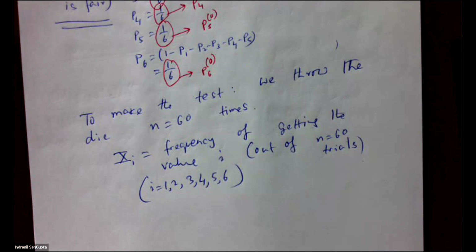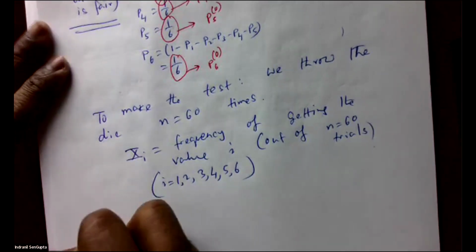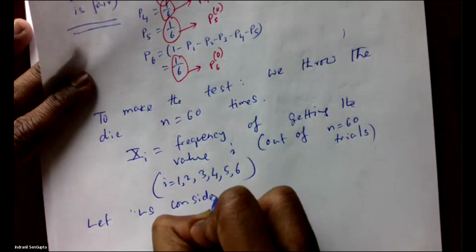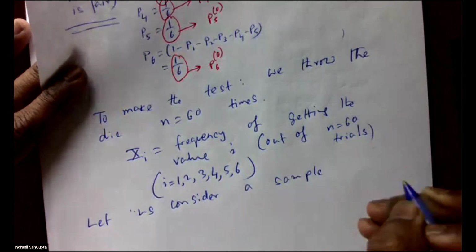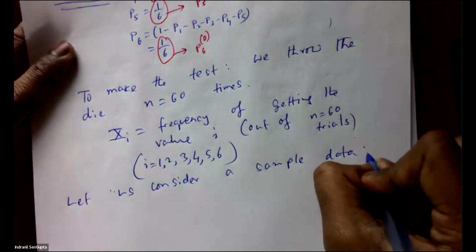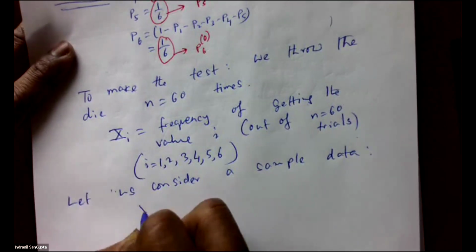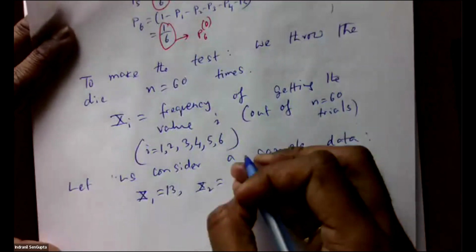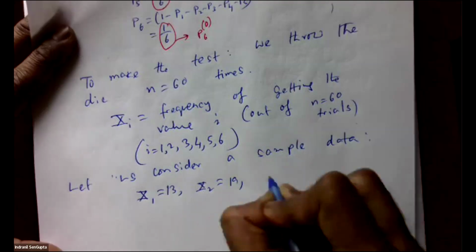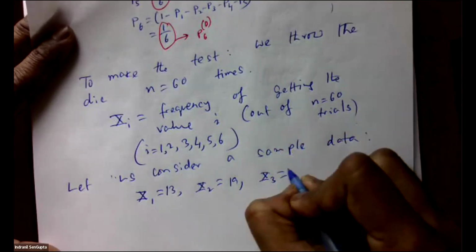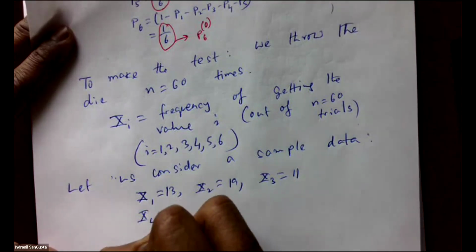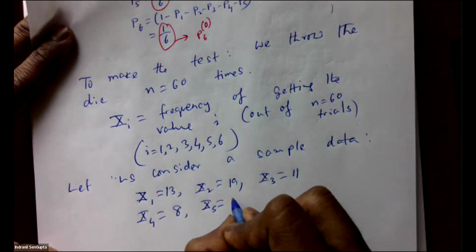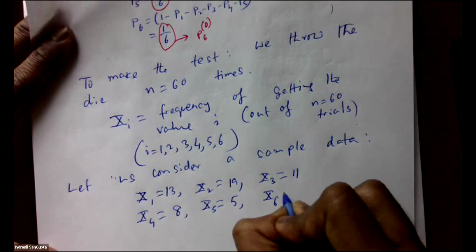Now, suppose we see the following numbers. Let us consider a sample where x1 equals 13, x2 equals 19, x3 equals 11, x4, the number of times we see 4, is 8, x5, the number of times we see 5, is 5, and x6, the number of times we see 6.